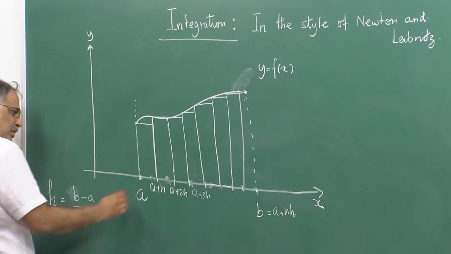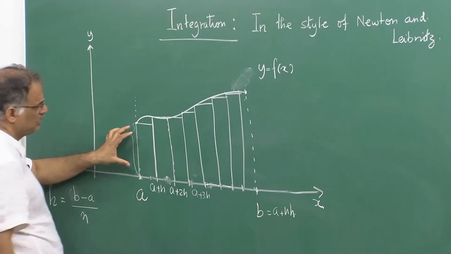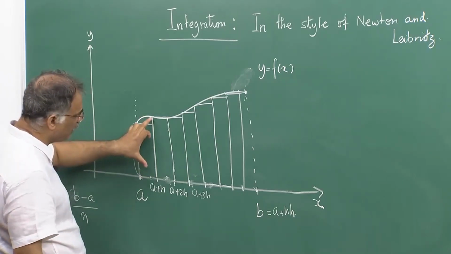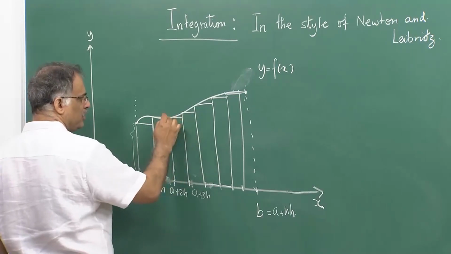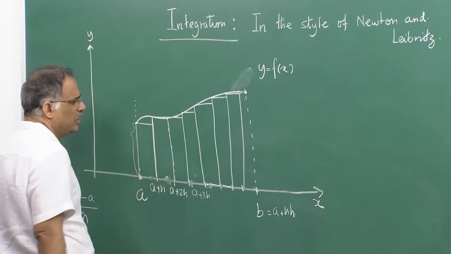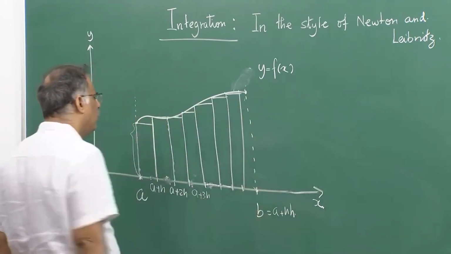So, now what is the height of this rectangle? This is f of a. What is the height of this rectangle? f of a plus h. What is the height of this rectangle? f of a plus 2h. So, when I club the areas, what do I have?